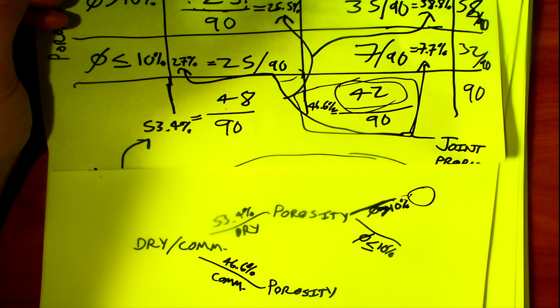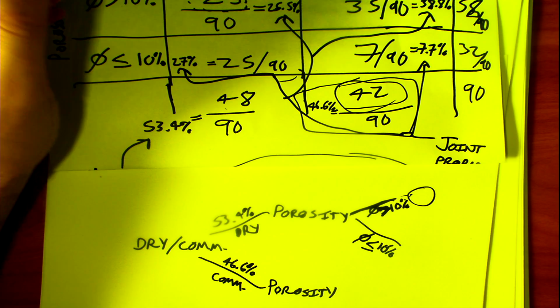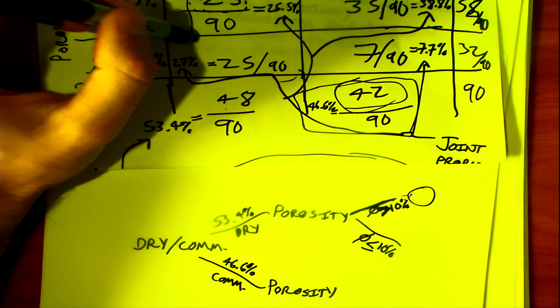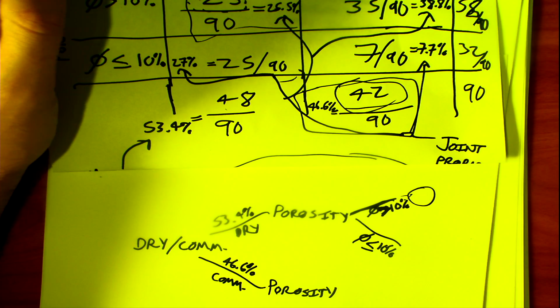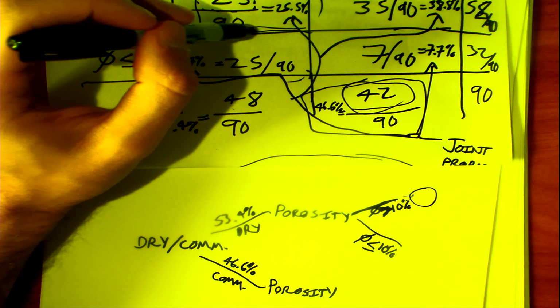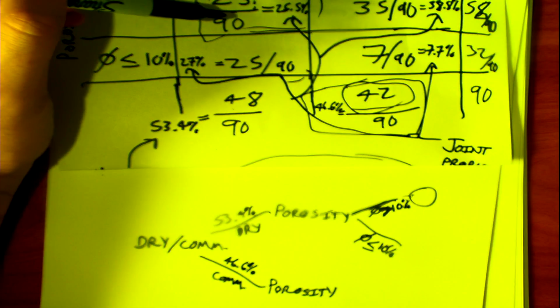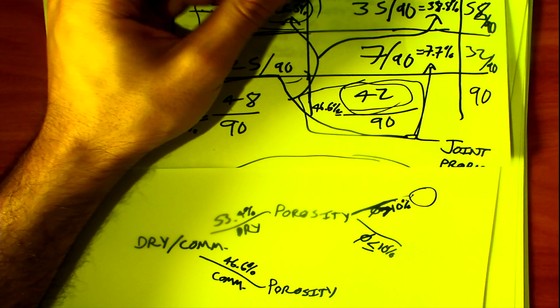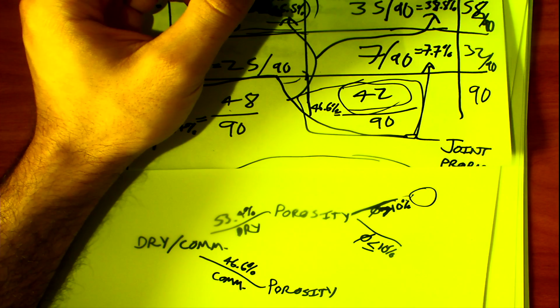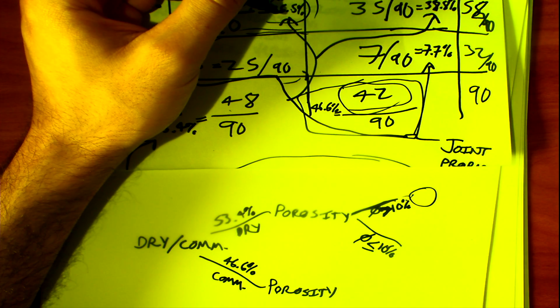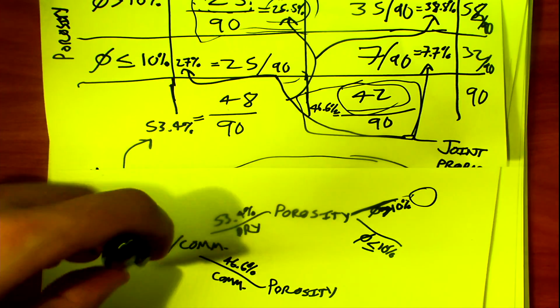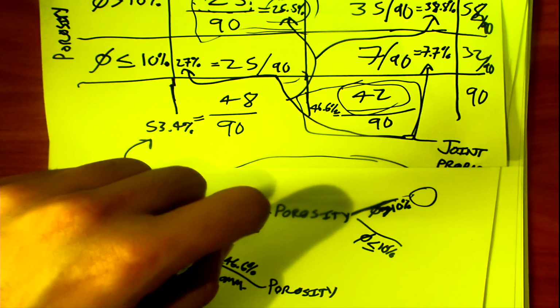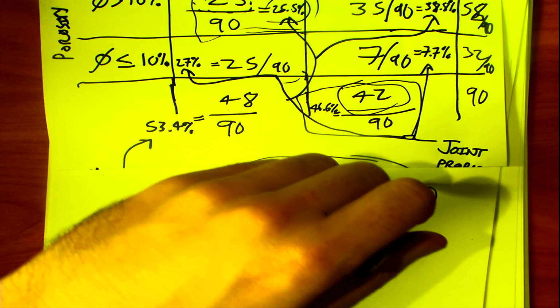So this is the probability of both being dry and greater than 10%, right? That's our result. We should end up with this number if we move through our tree and say, okay, it's a dry well and it's greater than 10 percent.